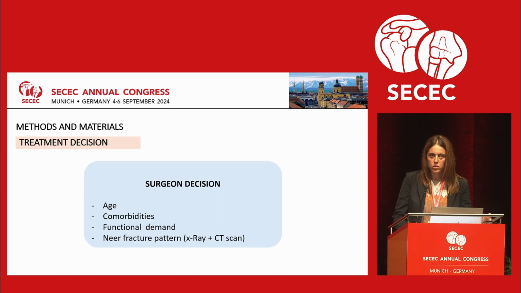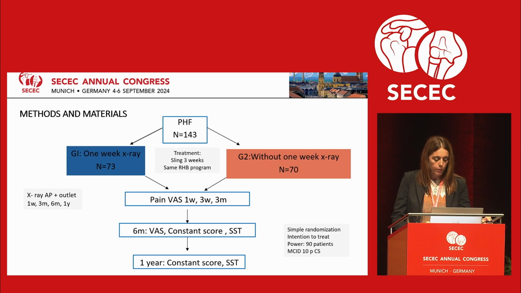The treatment decision was undertaken in each center by the shoulder surgeon, considering age, comorbidities, functional demand, and the fracture pattern according to an X-ray and a CT scan that were performed the same day of the fracture. We aimed to include 90 patients, 45 in each group, to detect a minimal clinically important difference of minimum 10 points in the Constant score.